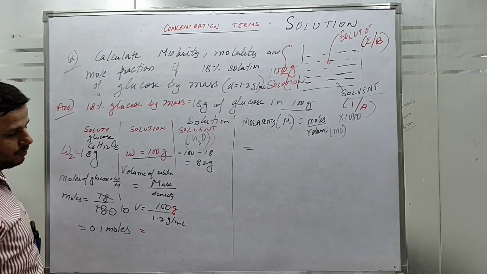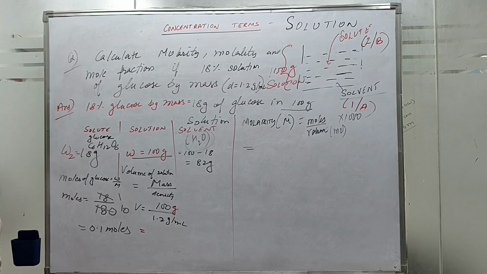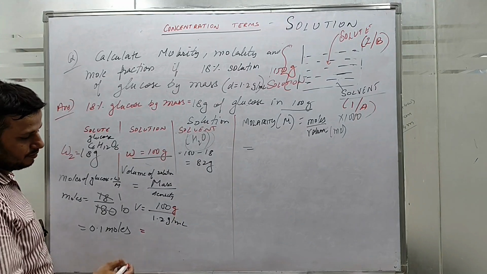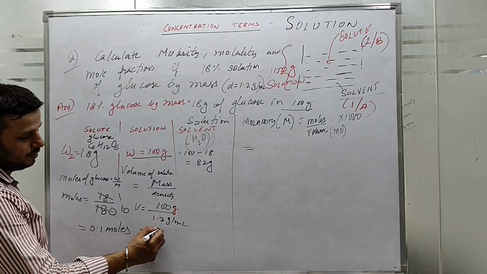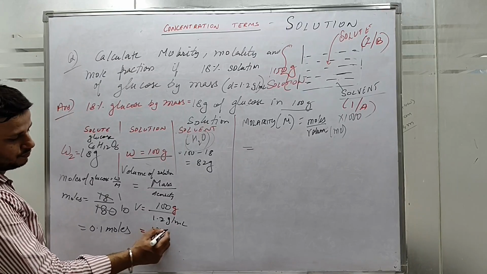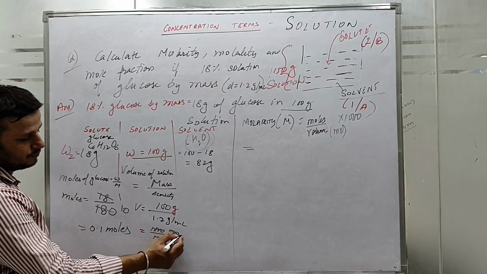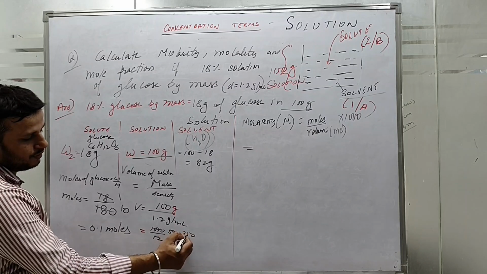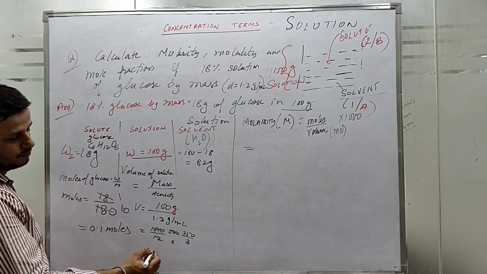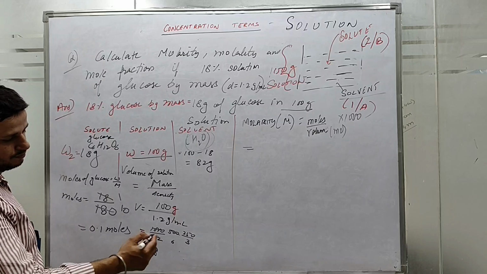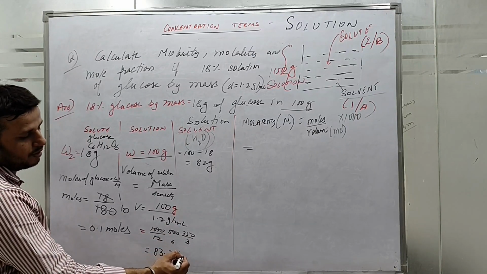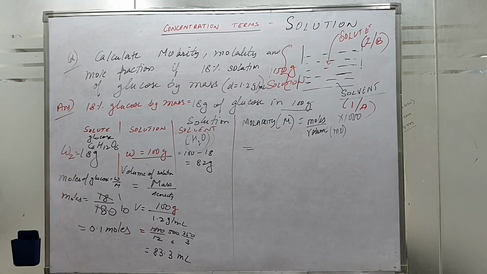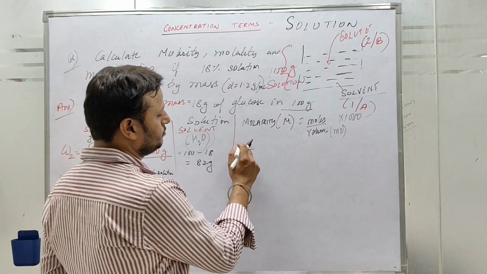So 100 over 1.2 comes as 1000 divided by 12, so 500 divided by 6, 250 divided by 3. So it becomes 83.3 ml.